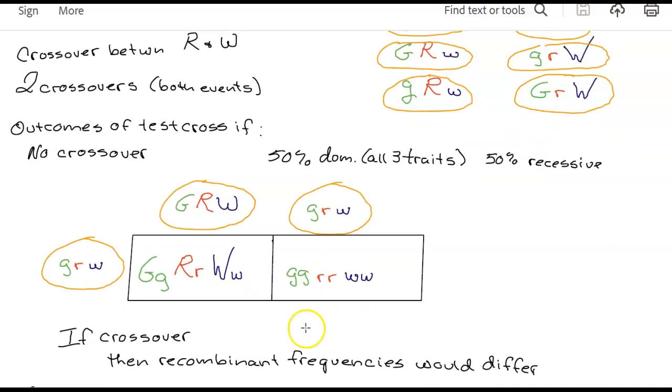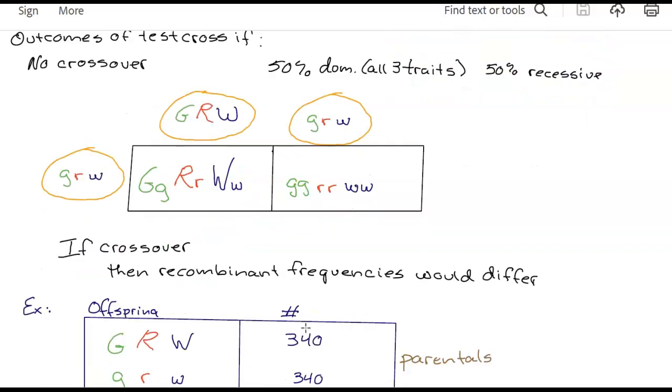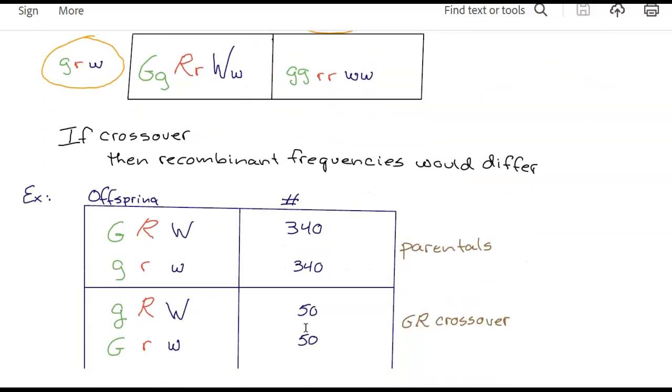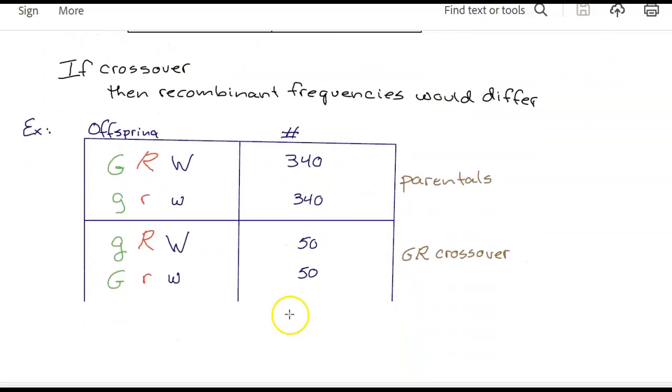If there's crossover, then we're going to start seeing some of those recombinant frequencies, and those are going to vary. So here's an example. I'm going to bring this all the way up here. Here's the original parental, right? Here are the gametes. And this looks like almost that 50-50, right? So here's the 50-50 of dominant and recessive, but keep going because we have more than just this number of offspring.